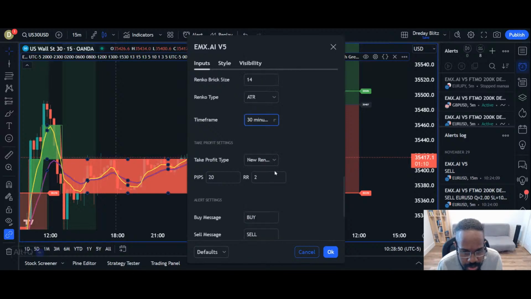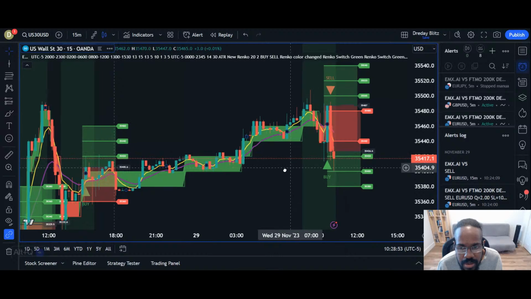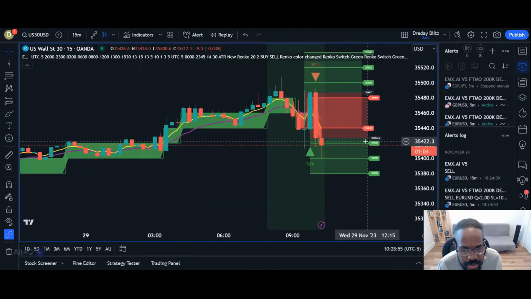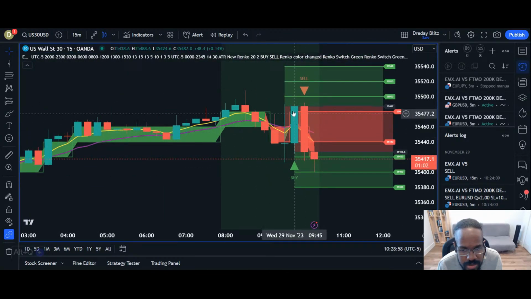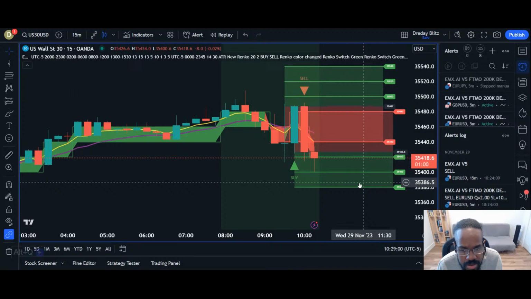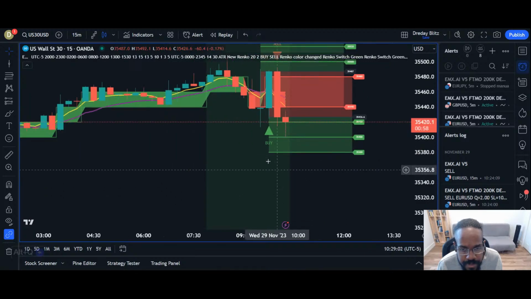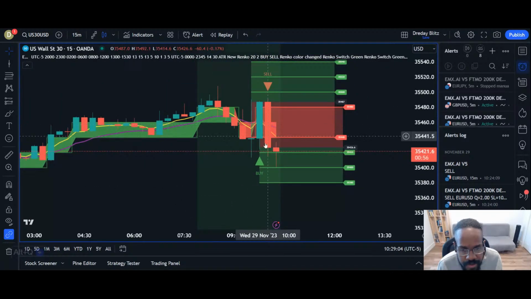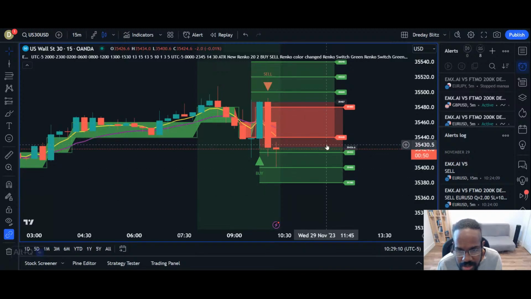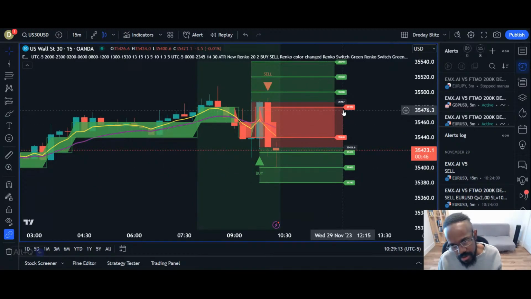You could put it on 30 minutes or 15, and you're gonna have better entries for intraday trading. So you have your TP right here, the price that it came in. First TP, second TP, third TP right here.